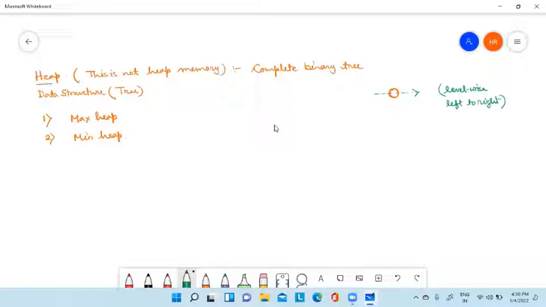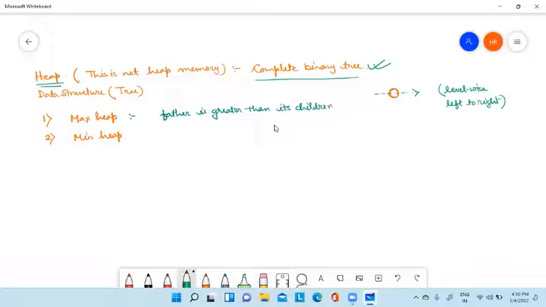So heap is one kind of complete binary tree. This is the first definition; both heaps are complete binary trees. Then there are two different types of heap. If it is a max heap, then the definition will be like this: father is greater than its children.